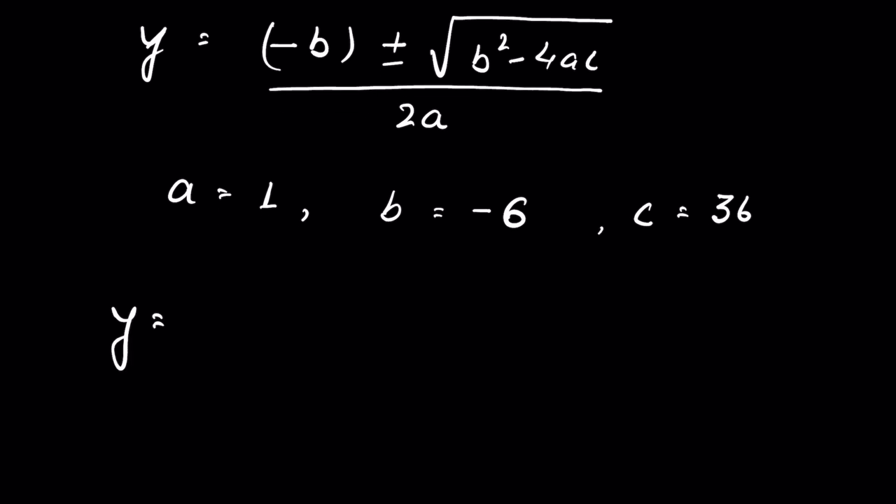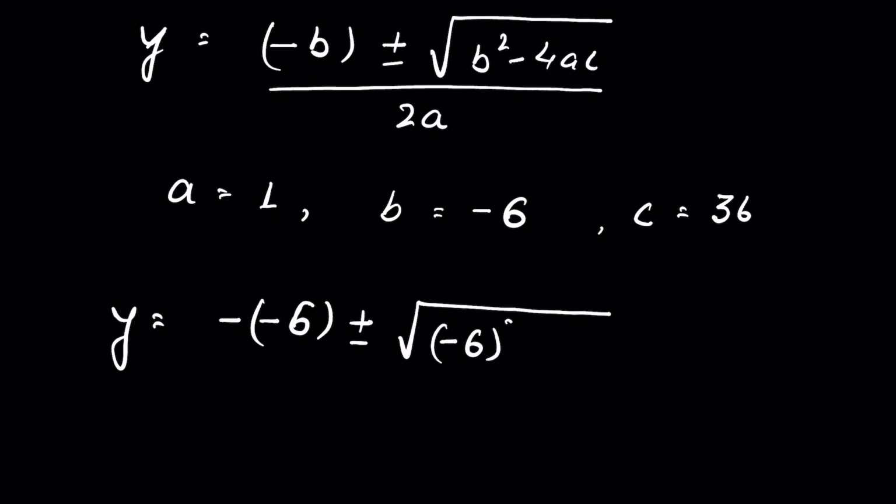Now let's put the value. So y is equal to minus minus 6 plus minus square root of 6 square minus 4 times 1 times 36, upon 2 times 1.